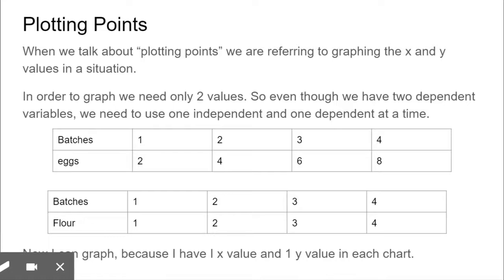And then I've used the independent variable again and put it with the other dependent variable. When we talk about plotting points, we're referring to graphing the X and the Y values in a situation. We only need two values. We need one X and one Y.